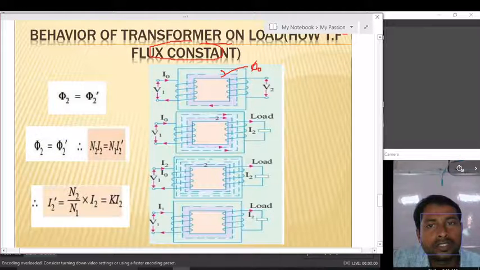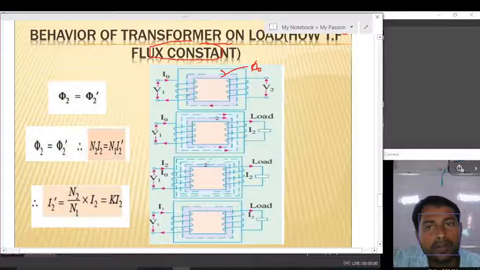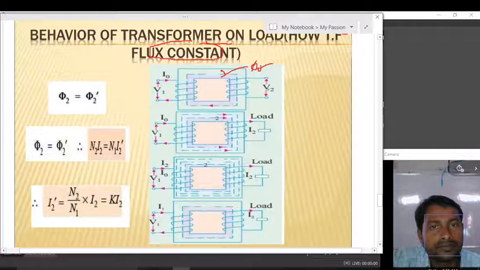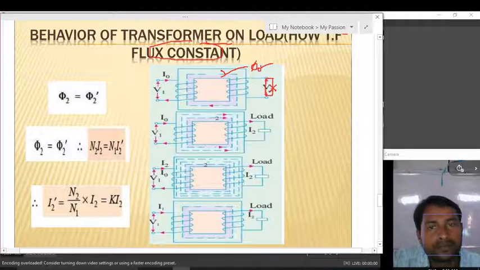This I discussed in the no load behavior of the transformer. If the voltage is applied and current passes through the primary winding, flux will be established in the transformer core. That flux is nothing but phi naught. This holds until the load is connected to the secondary of the transformer.